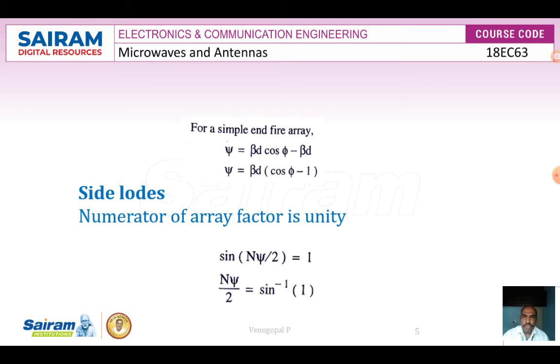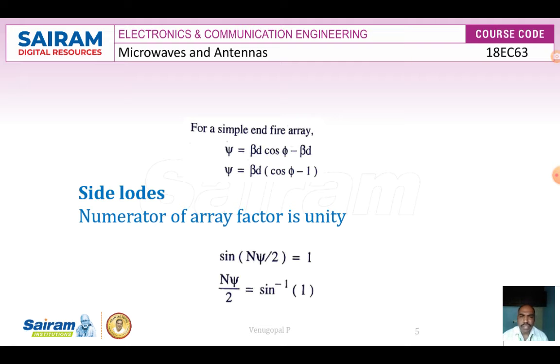So now we are going to find out the side lobes. What is the expression for the side lobes? Like the previous array type, that is the broadside array, here also we can find the side lobes by equating the numerator of the array factor to unity. Dear students, the numerator of the array factor is sin n xi by 2, equate it to 1. Then n xi by 2 is equal to sin inverse of 1.